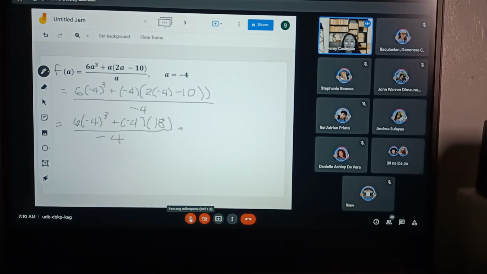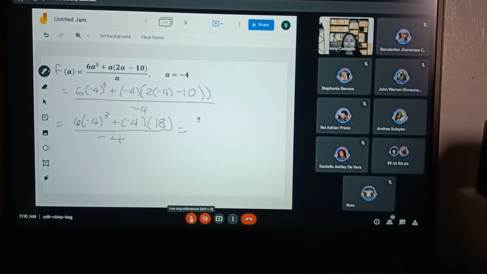Okay, what would be next? Meron pong exponent. Okay, yung merong exponent, which is yung negative 4 raised to 3, and that is equals to negative 64 po. Negative 64 times 6. Negative 384 po. Tama ba?